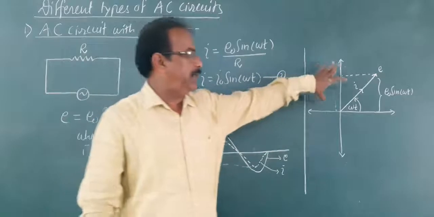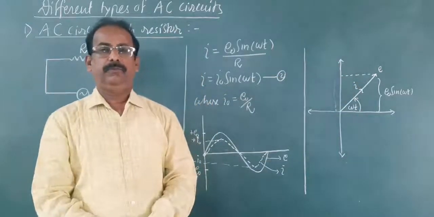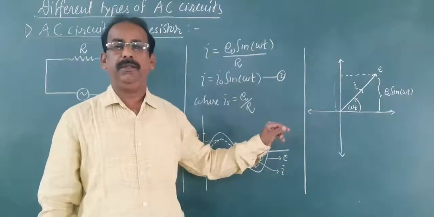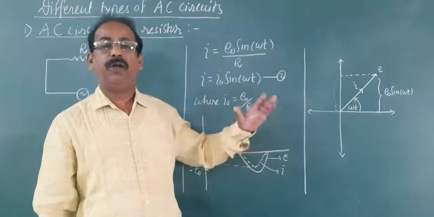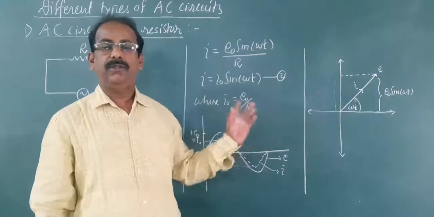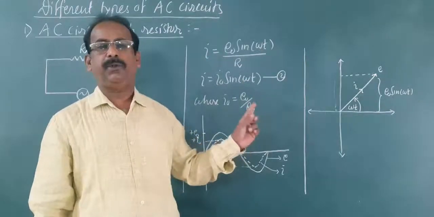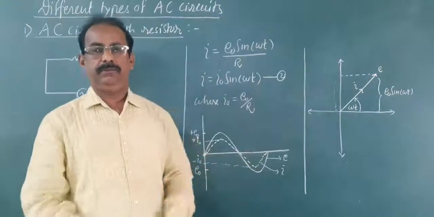The phase is the same, omega t, meaning take the angle from the positive x direction, omega t. Since both are in phase, the direction of both alternating quantities, EMF and current, will be the same.